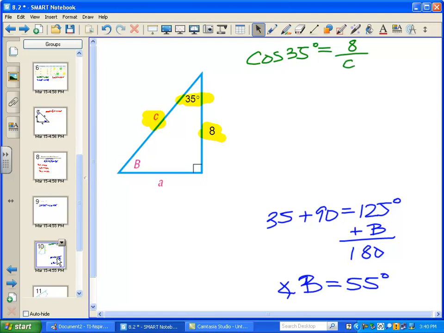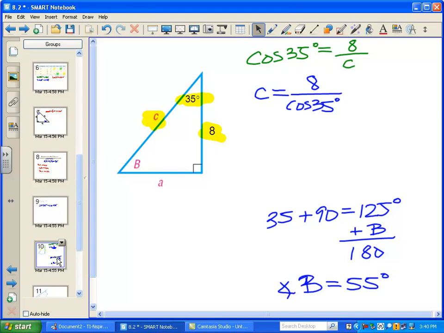Now I have to solve for C. And if you remember, there's this cool little trick that says that C and cosine 35 can switch places. That was probably an Algebra 1 trick you learned. Now in order to get C, all I have to do is take 8 divided by cosine 35.